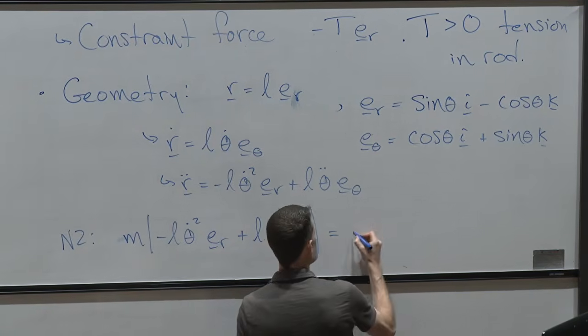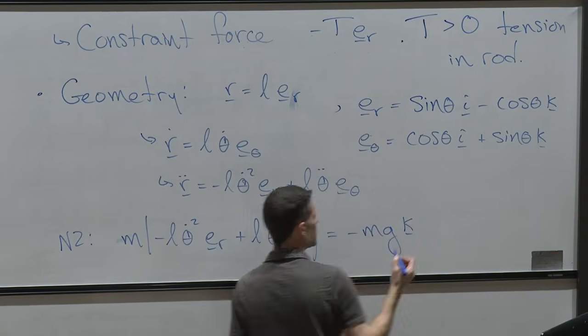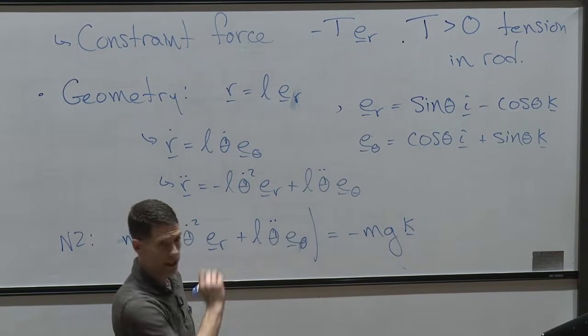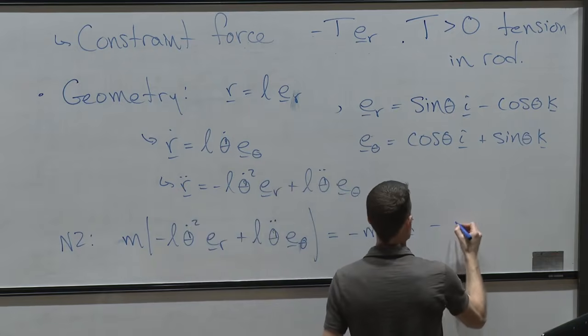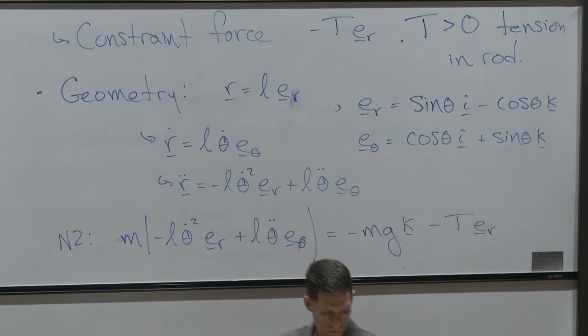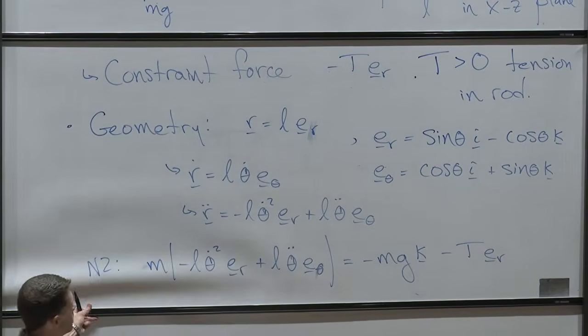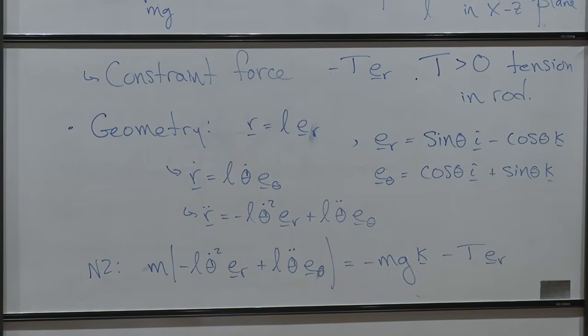So I have gravity, minus mg k, and I have my tension, which is minus T ER. That's a slightly funny looking equation because I've got terms on the right that have different basis than the terms on the left. That's fine. I just have to be careful how I combine them.